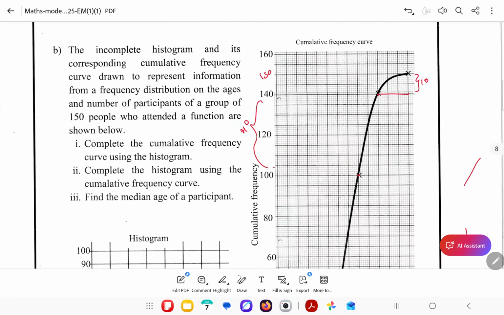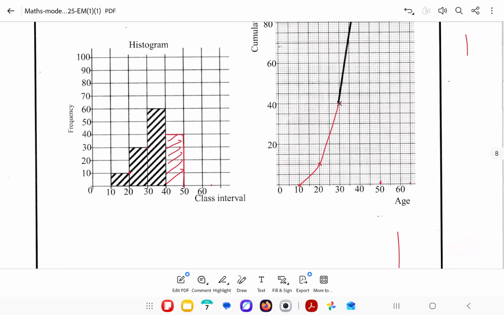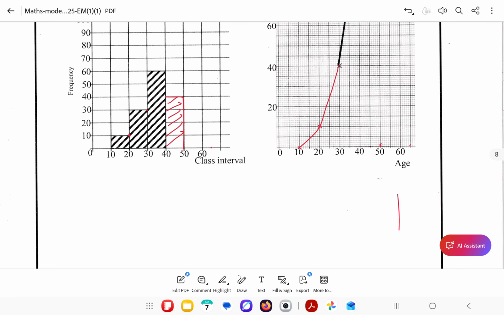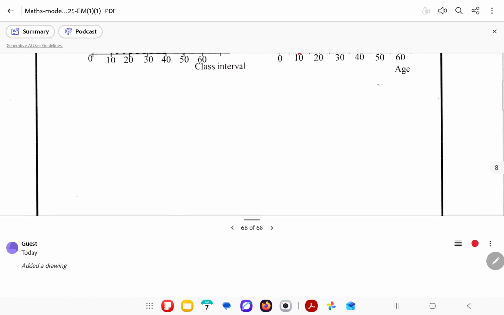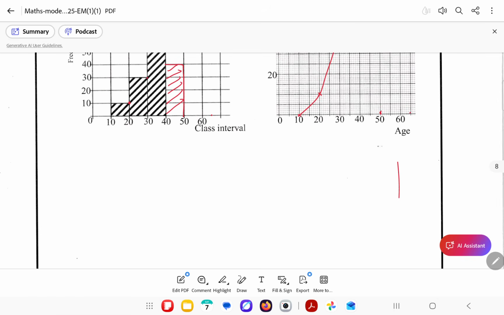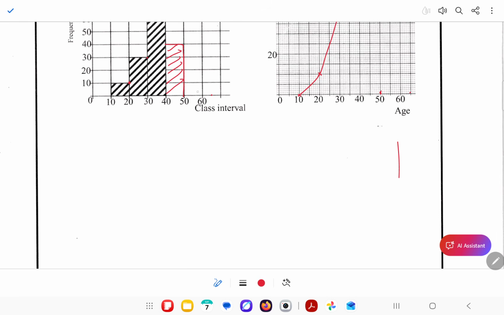So the frequency is 10. Other intervals have all been 10, but this one is 15 wide.